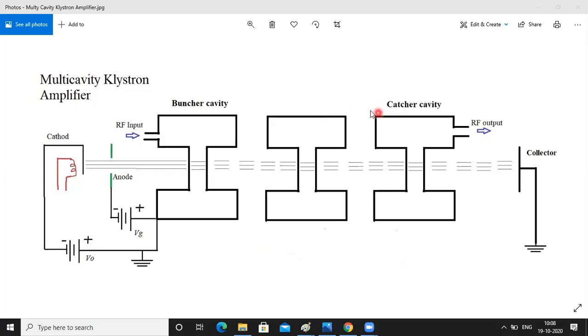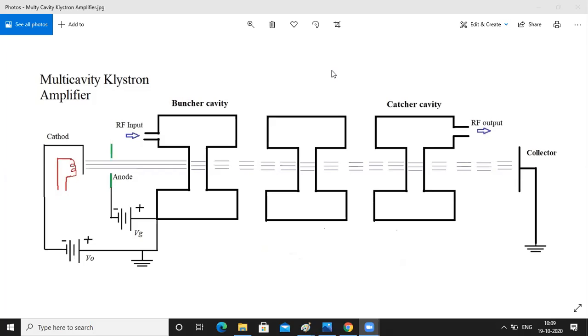Now, what is the use of this additional cavity? This additional cavity is used for the velocity modulation of the electron beam and to provide increased power at the output. This intermediate cavity provides the velocity modulation of the electron beam, which increases the output power.